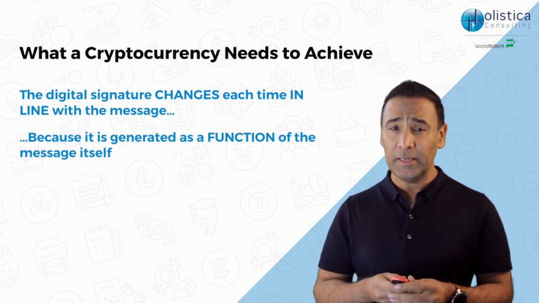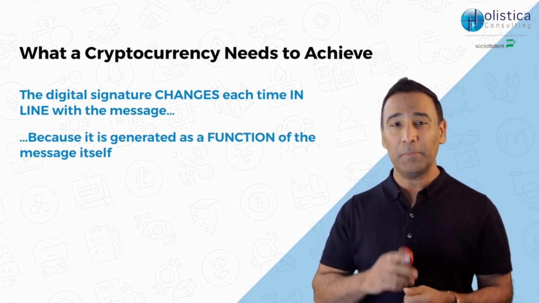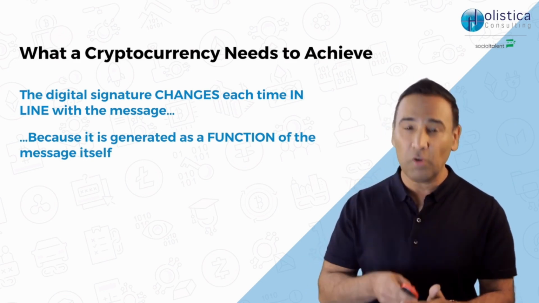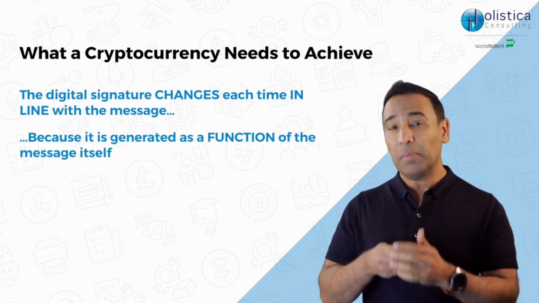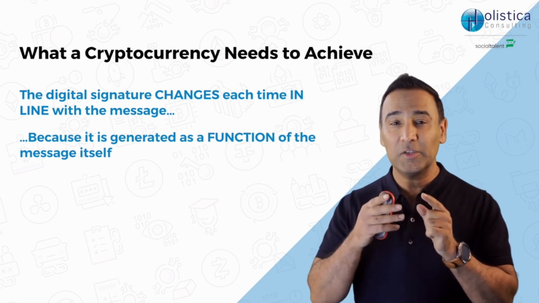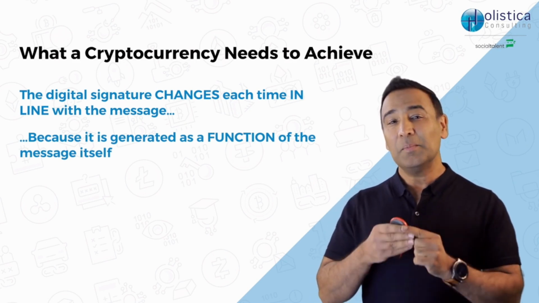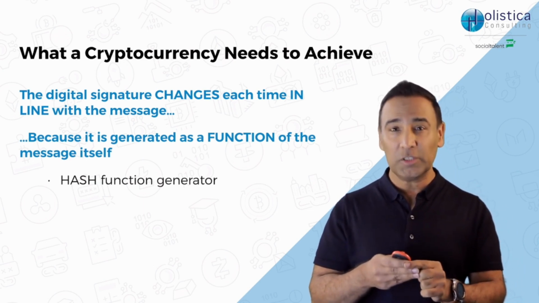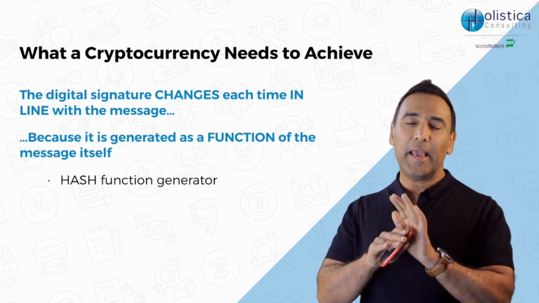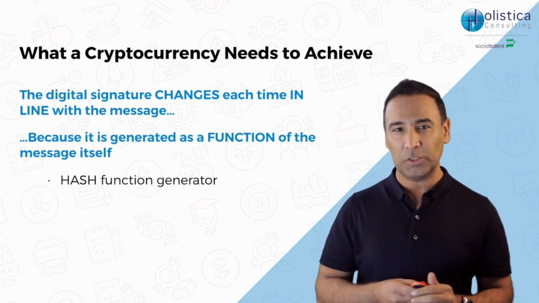In blockchain, the digital signature changes in line with the message because it is generated as a function of the message. It is generated actually by a little program, and you're going to see this more in the CV section later on, but it's generated by a little program called a hash function generator, core within blockchain technology and Bitcoin technology.